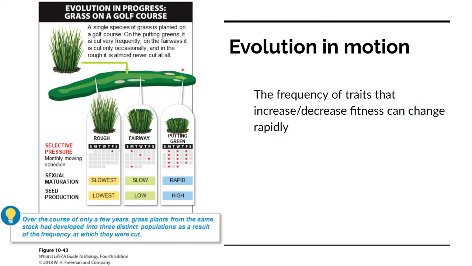But that pressure on the putting green, and to a lesser extent the fairway, has caused a rapid increase in its life cycle. The putting green grass goes through its life cycle much quicker.